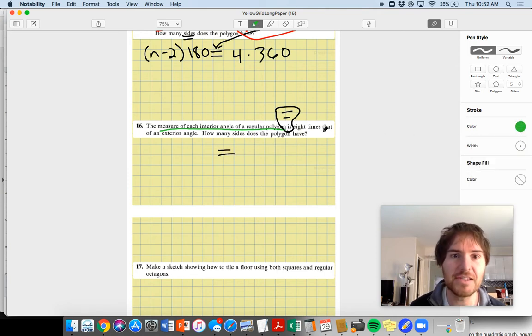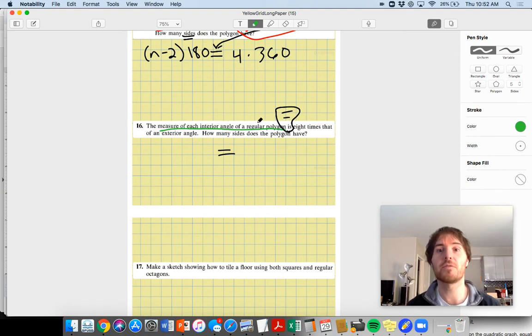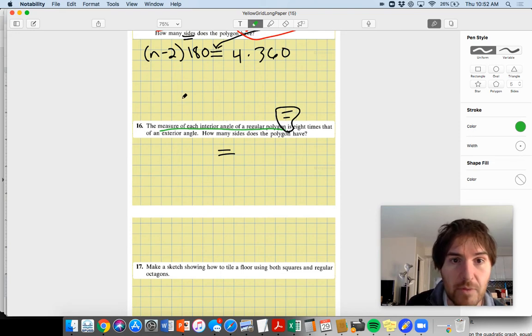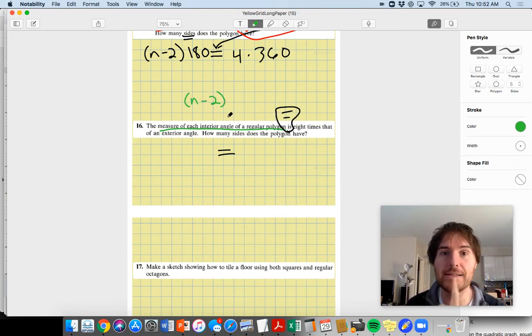And then the left side of this says the measure of each interior angle of a regular polygon. So the left side of the equation is talking about each angle, not the interior angle sum. So we have to remember, this is how we find what each interior angle measures on a regular polygon, right? We don't know how many sides it has, so it's an n-gon right now.